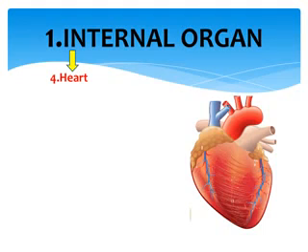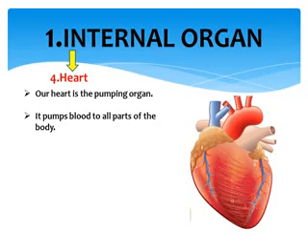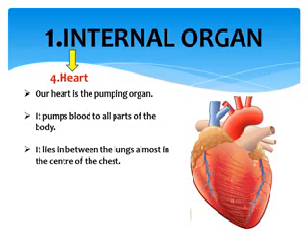The deoxygenated blood passes through the heart to the lungs, and the oxygenated blood is given to the heart, and from there the oxygenated blood is passed throughout the parts of the body. So our heart is the pumping organ. It pumps blood to all the parts of the body.